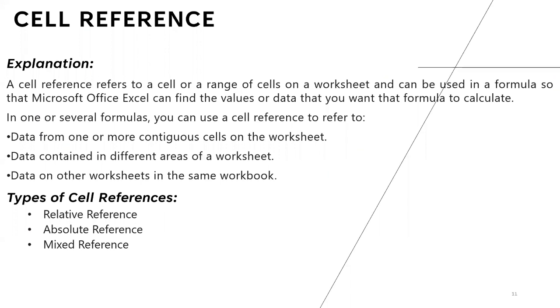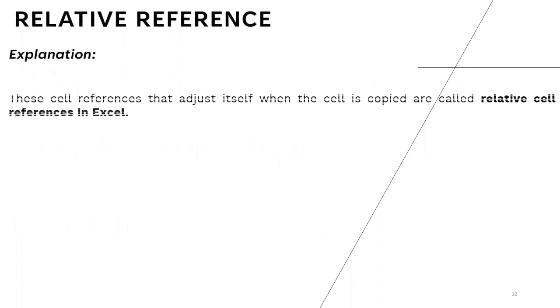But if we talk about referencing in detail, there are basically three types of referencing: relative reference, absolute reference, and mixed reference. Let's understand this in detail. Relative cell references are references that adjust themselves when the cell is copied.